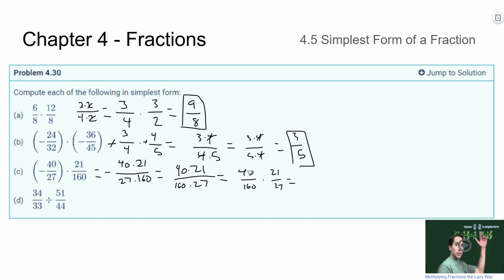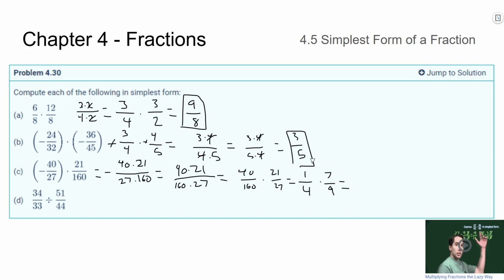So 40 over 160, well, that's going to be 1 over 4, right? Divide both by 10, 4 over 16, and then divide both by 4. So we have 1 over 4 times, well, 21 and 27, well, those are both multiples of 3. 3 times 7 is 21, and 3 times 9 is 27.